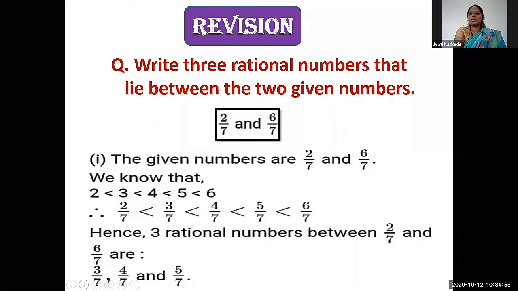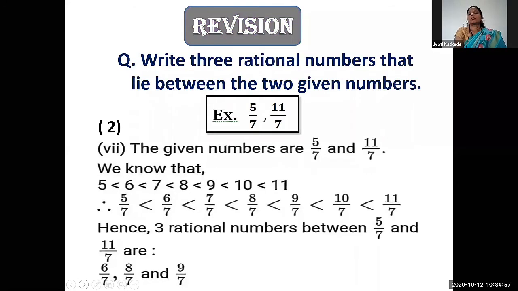Now see the next example. Write 3 rational numbers that lie between the 2 given numbers, 5 upon 7 and 11 upon 7. Here also the denominator is the same, that is 7.